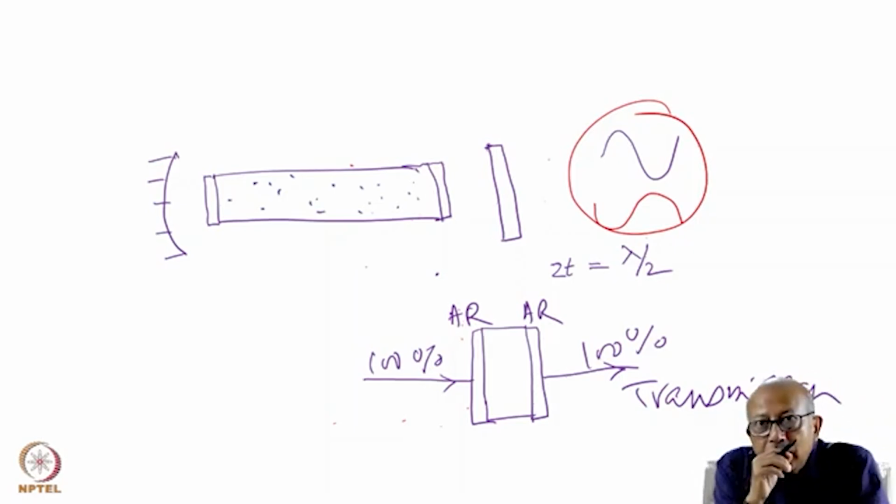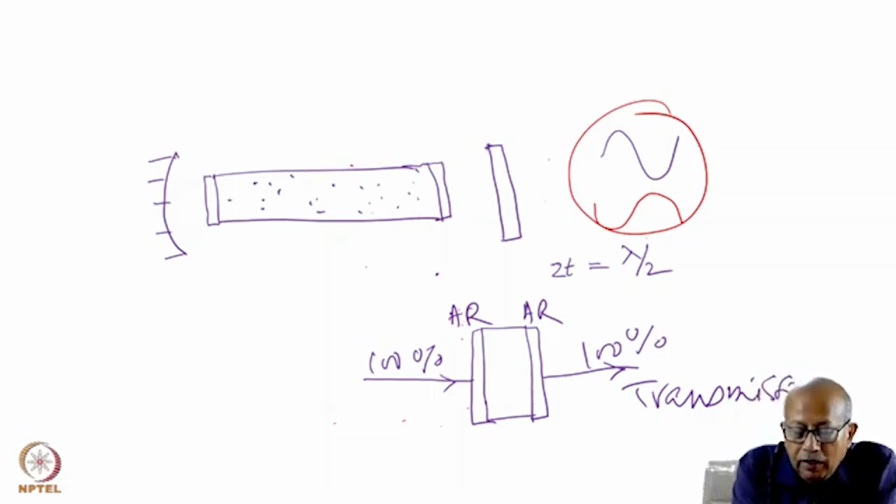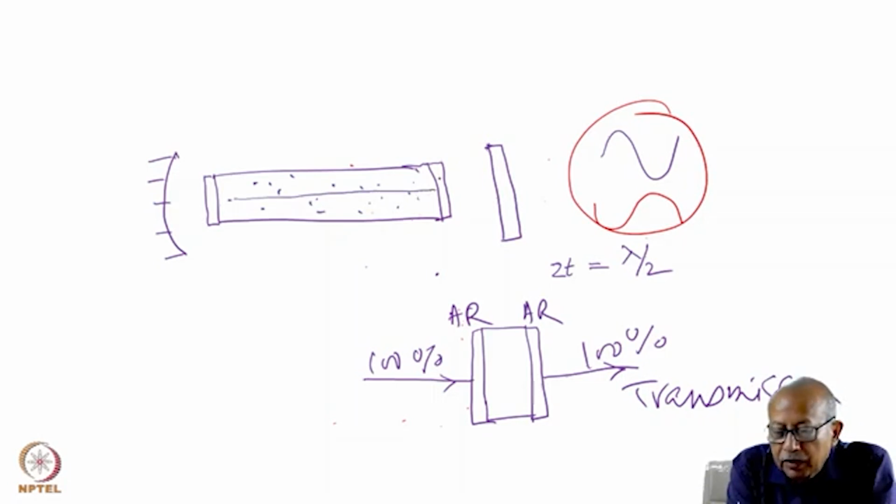So we have seen that the light that begins its journey from inside will undergo reflection loss on two surfaces, 8% will be reflected and the remaining will be transmitted.